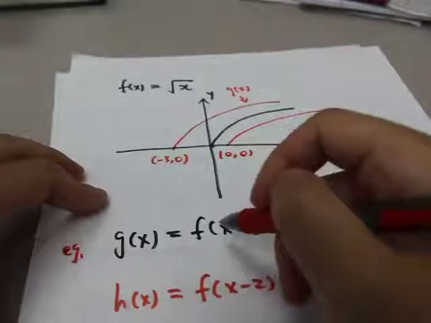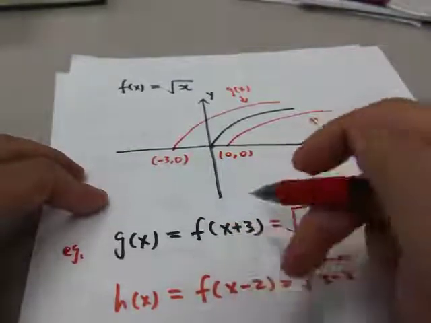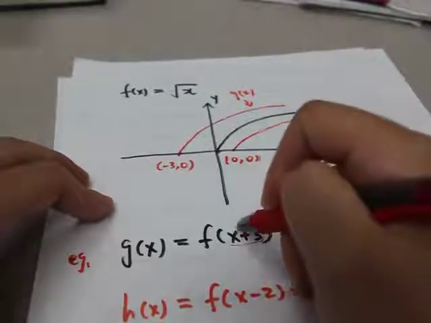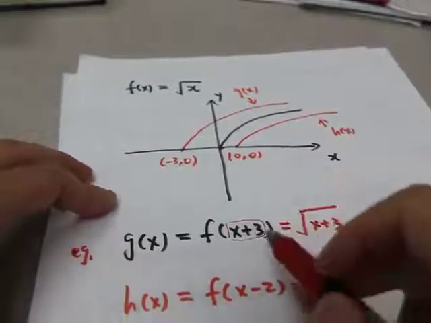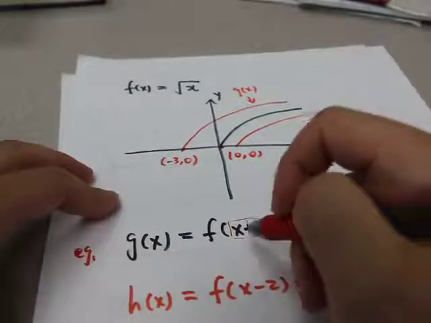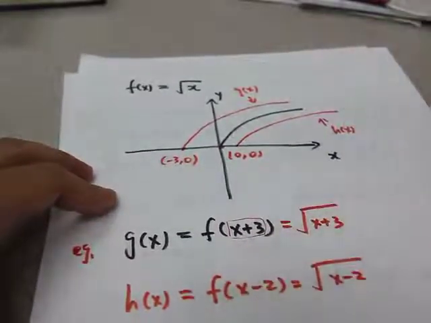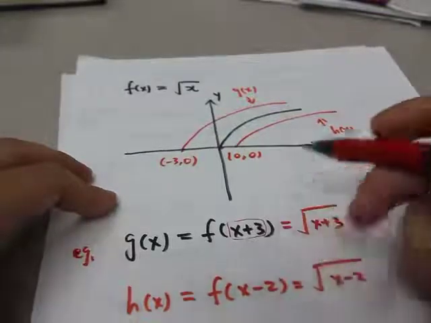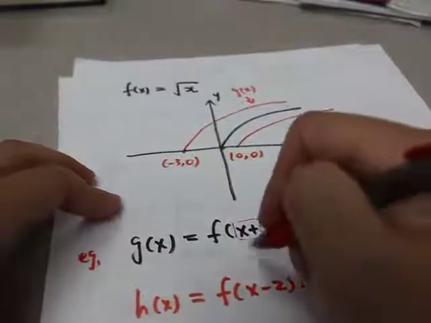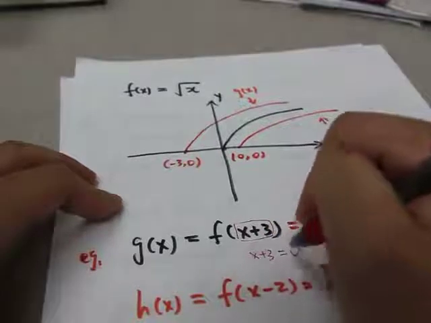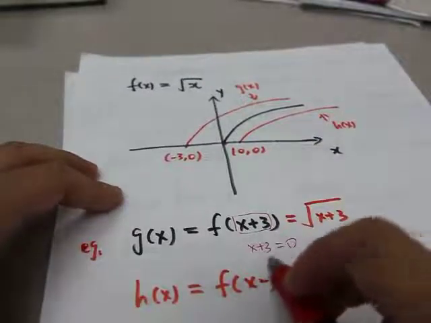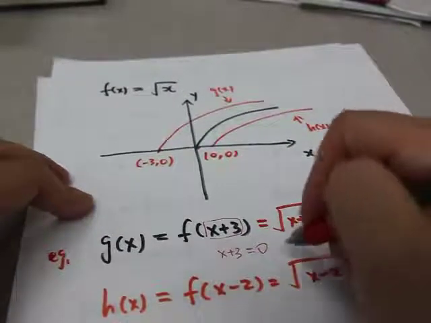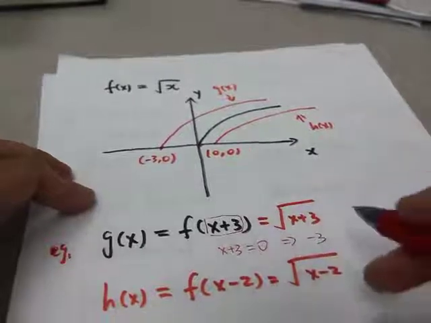When we take a look at this expression x plus 3, think about which number will make this expression be 0. In other words, what is the solution to this equation? The answer is negative 3.